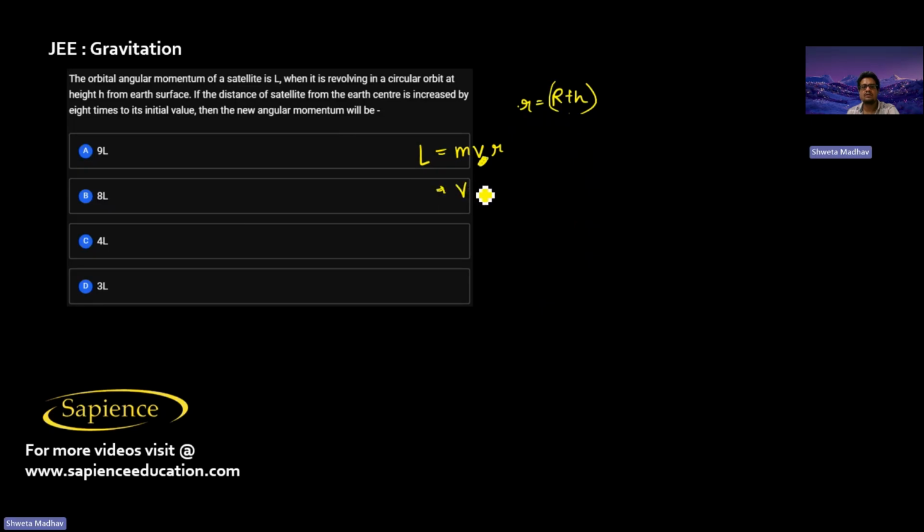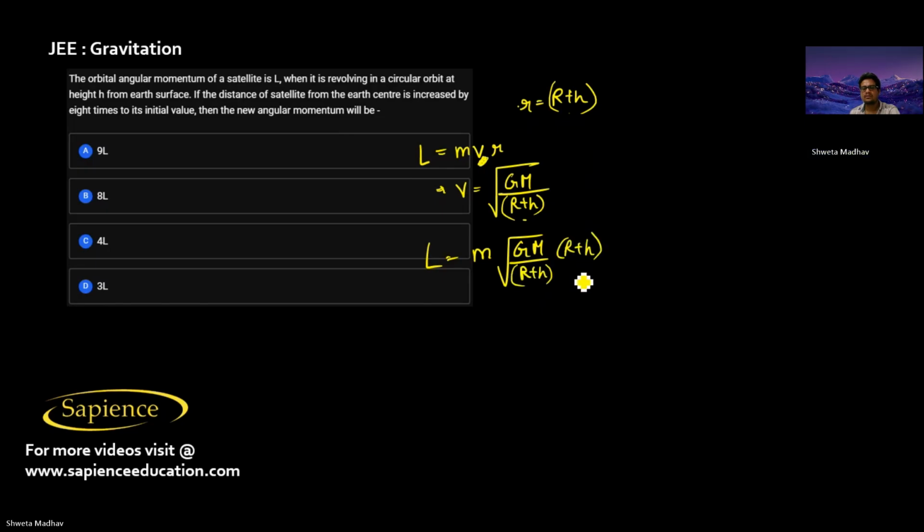That means v naught is equal to root of GM by (R plus h). Therefore, L is equal to m into root of GM by (R plus h) into (R plus h), which will be equal to m into root over GM into (R plus h).